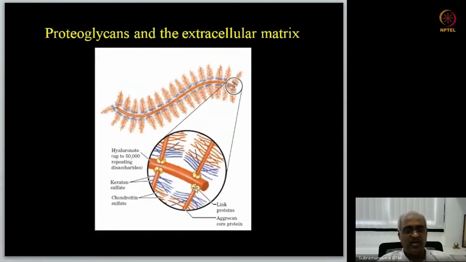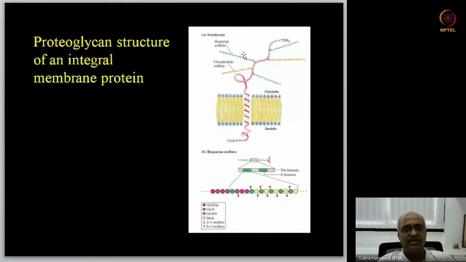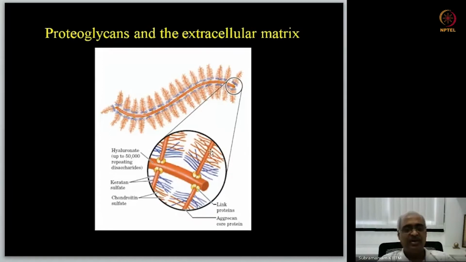See, these are long rod-shaped molecules, and instead of having 2 chondroitin sulfate and 3 heparan sulfate chains, these have several of them attached. Okay, and such a long core aggrecan with multiple chondroitin sulfate and keratan sulfate chains attached is again connected to this long hyaluronic acid and held in place by link proteins.